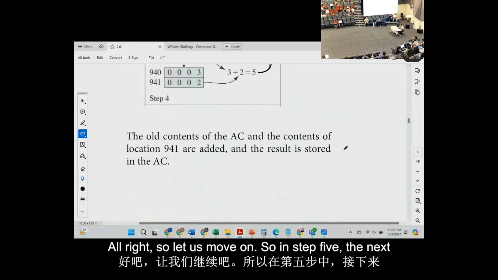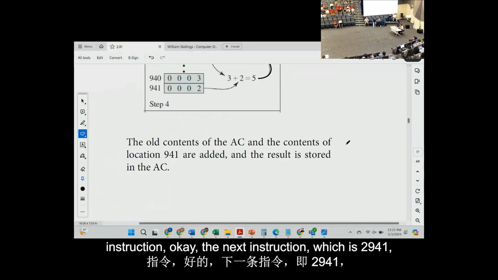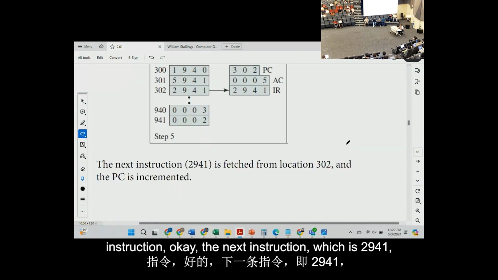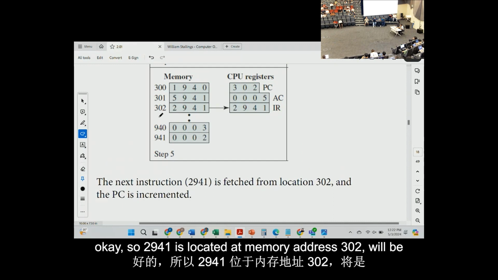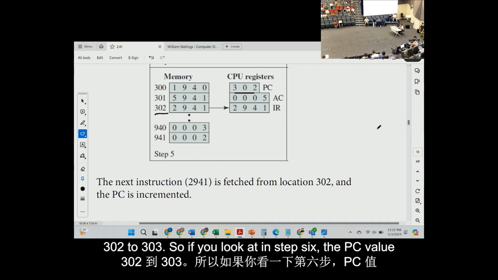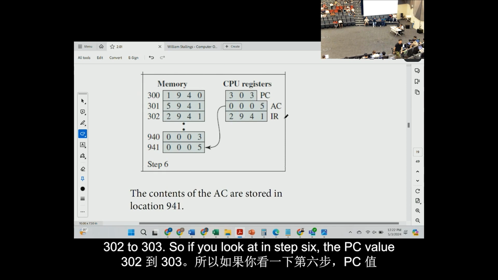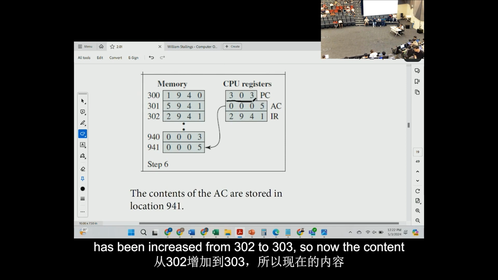All right, so let's move on. So in step 5, the next instruction, which is 2941, located at memory address 302, will be fetched, and the PC will be incremented from 302 to 303. So if you look at step 6, the PC value has been increased from 302 to 303.